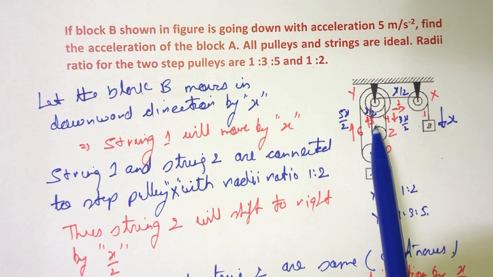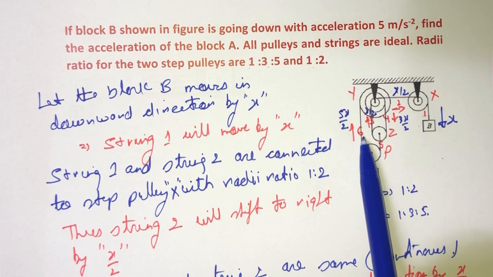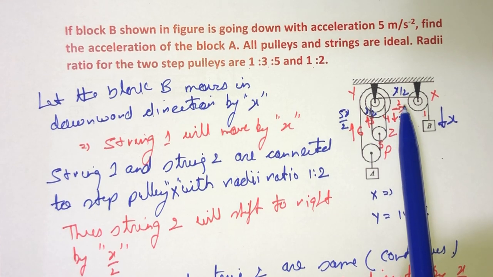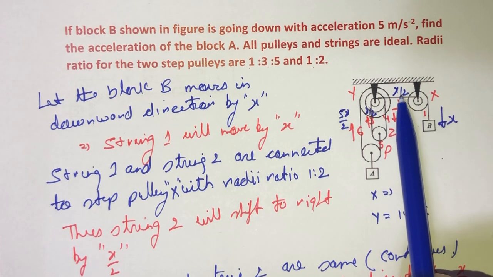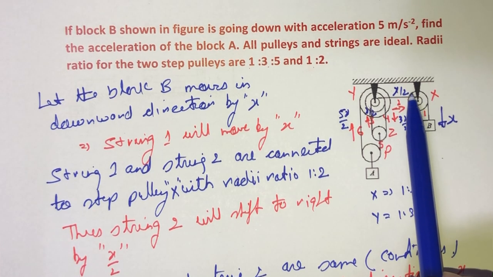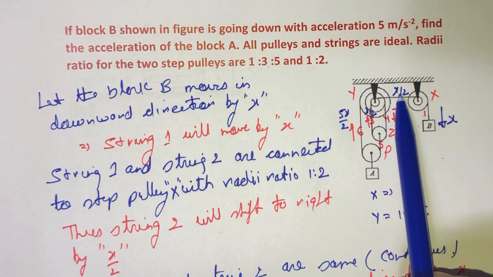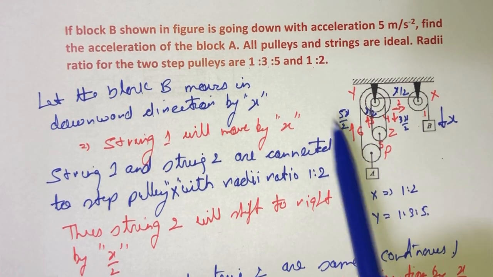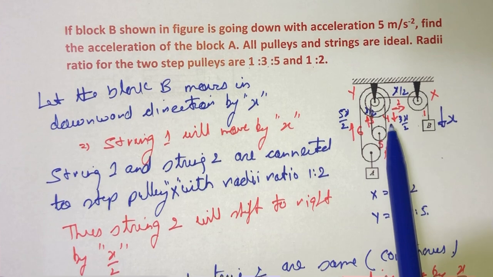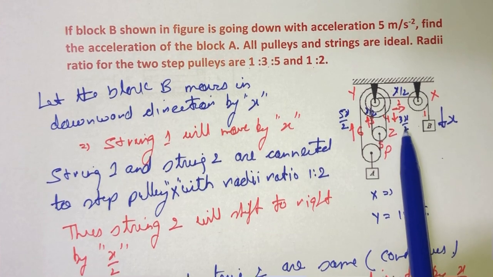The movement of string number 3, as well as 4 and 6, will be dependent upon this x/2. So ultimately the ratio is 5, so this will be 5x/2, and middle ratio is 3, so string number 4 goes down by 3x/2.